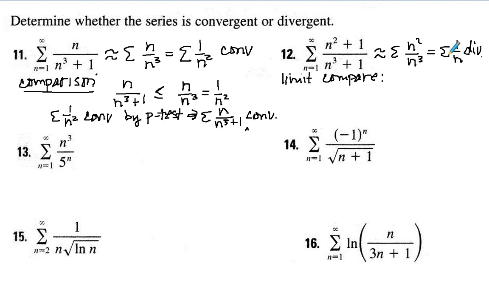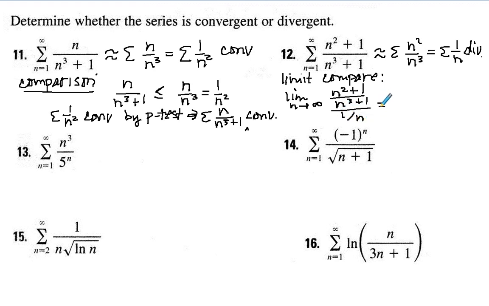And I'd compare it to the 1 over n. So you want to do the limit as n approaches infinity of your original, n squared plus 1 over n cubed plus 1, divided by what you're comparing to, 1 over n.